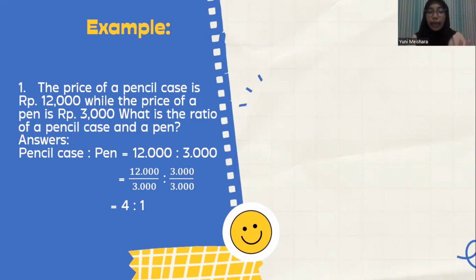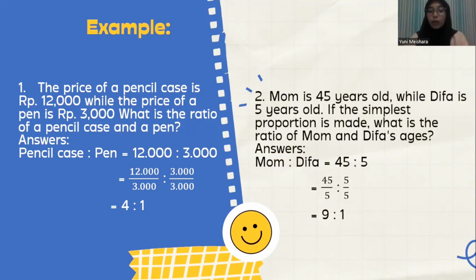A pencil case, a pen: 12,000 rupiah, 3,000 rupiah, equals 12,000 divided by 3,000 to 3,000 divided by 3,000, equals 4 to 1. So, the proportion between the pencil case and the pen is 4 to 1.